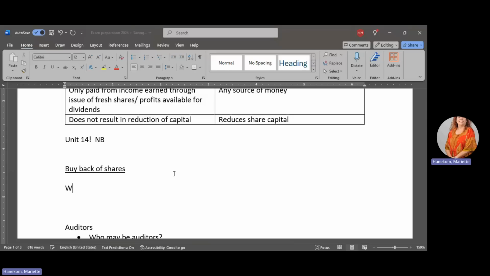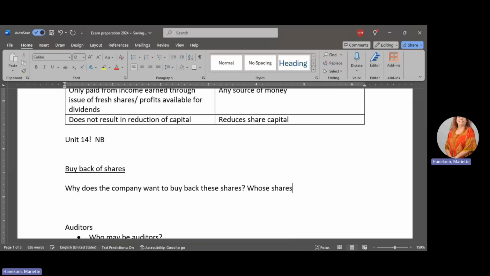Ask yourself, why does the company want to buy back these shares? Now, this is preparation that you're doing in your mind. This isn't part of your answer. You're not writing this down, but you need to clarify this in your mind before you start answering. Why does the company want to buy back these shares?